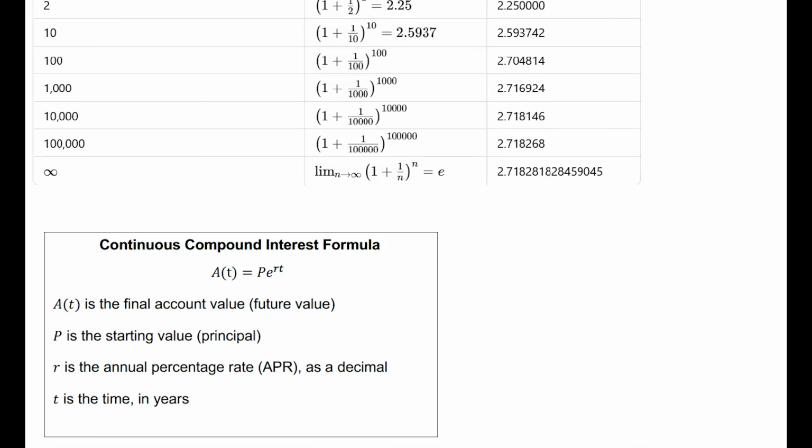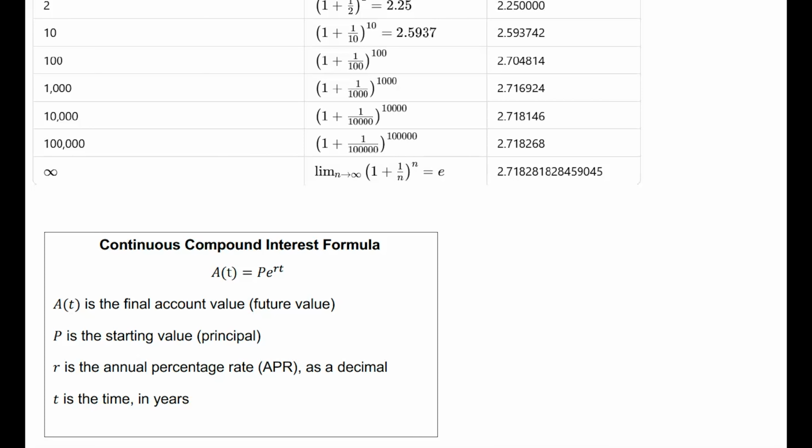So the compound interest formula, where it's being continuously compounded, is given by the formula A of t equals P times e to the rt power.